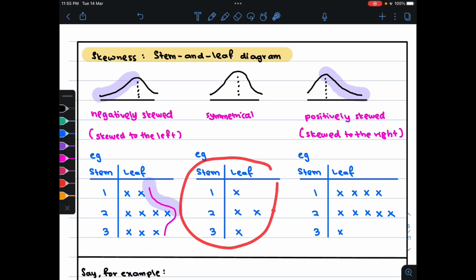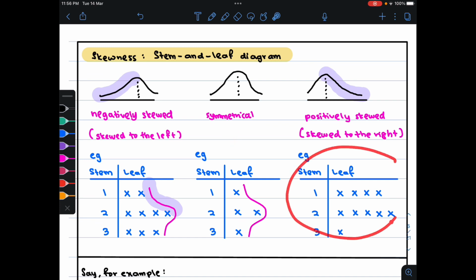Now, what about this one right here? If you try and draw the bell-shaped curve, you can see that the highest number of data will be right here. So this will be the center. And you can see that the left tail is the same length as the right tail. Therefore, this will be called symmetrical.